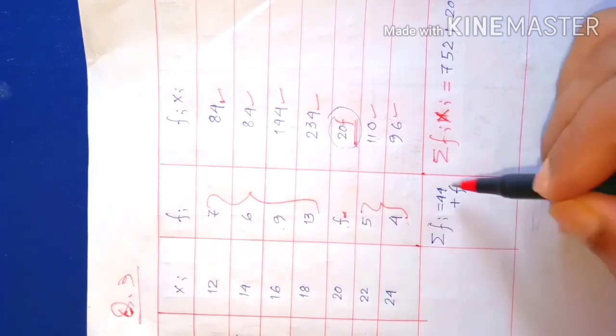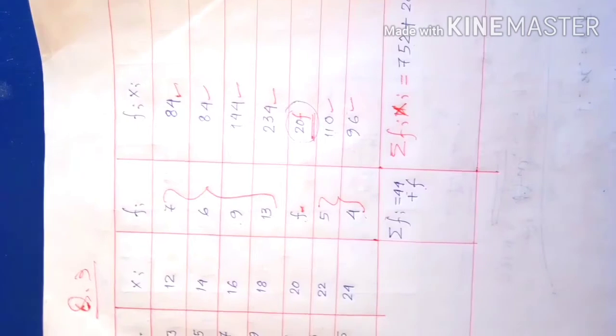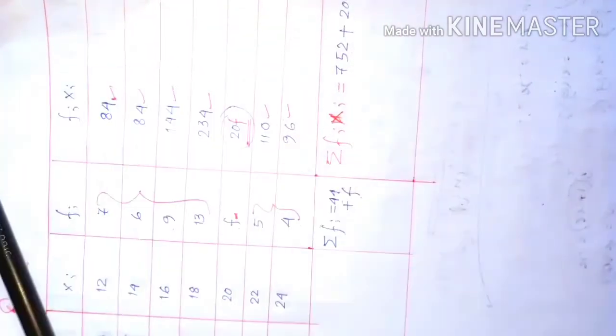Leave this f for now, you don't add this f with these numbers. Lastly you put plus this f: 44 plus f. Clear?